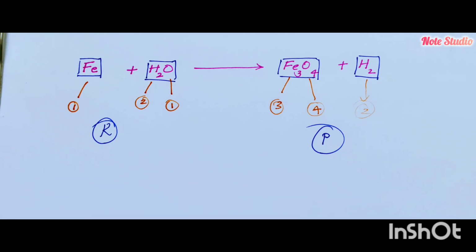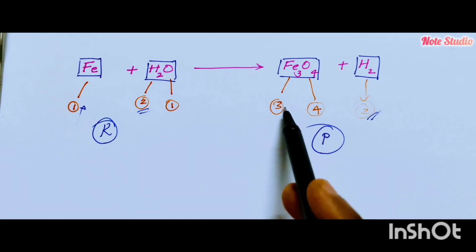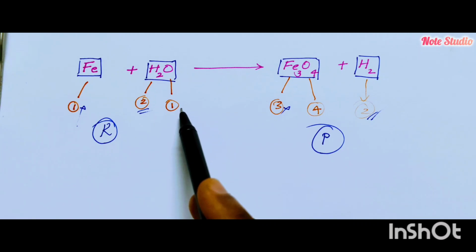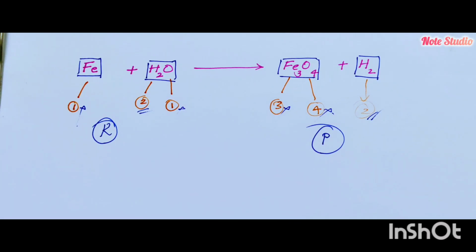Now hydrogen is balanced, but iron as well as oxygen are not. See, iron here 3, here 1, oxygen here 1, here 4. These two are not balanced.